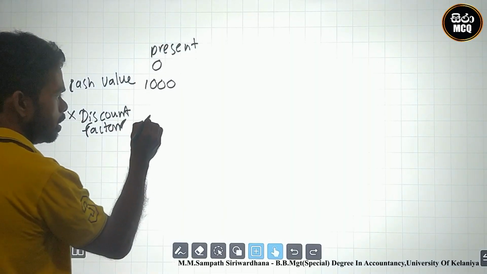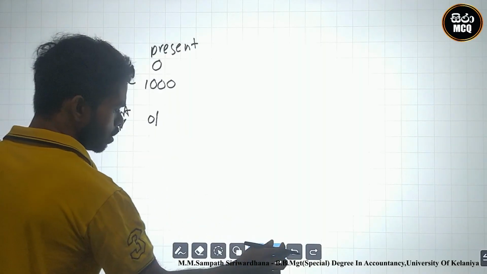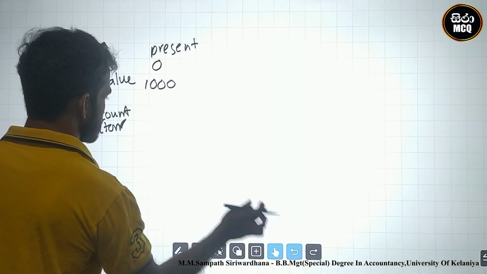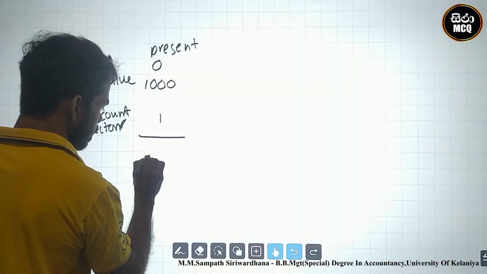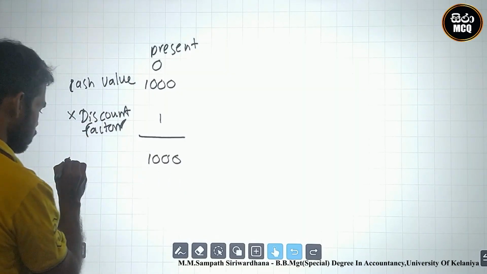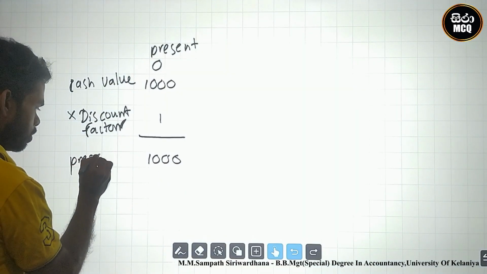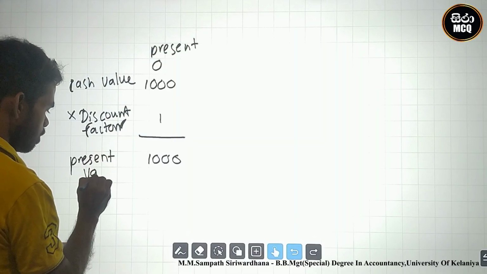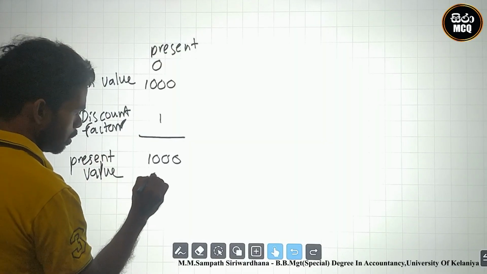Why? To find this, the discount factor is multiplied, and then we can find the present value. Present value means toffees.